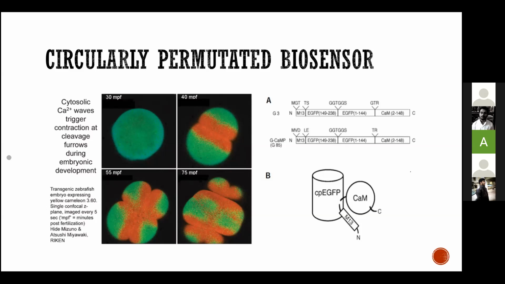In the next quadrants, Q1, Q2, Q3. In the Q3 quadrant, that is 55 mpf, you see the furrowing is happening further, right? And the biosensor is only active at the furrow part. It's not active in any other green portion.